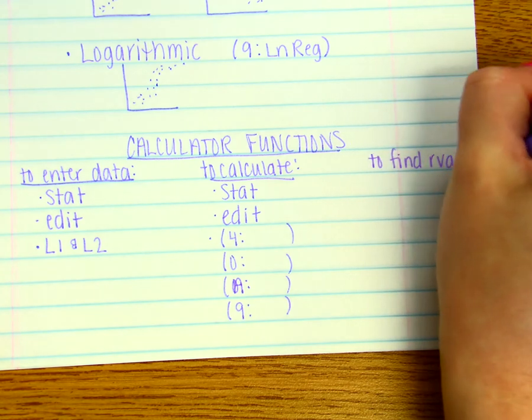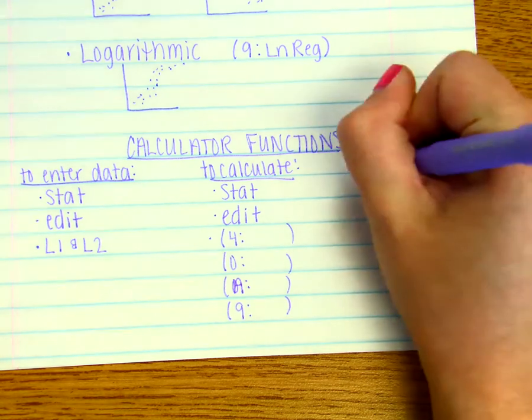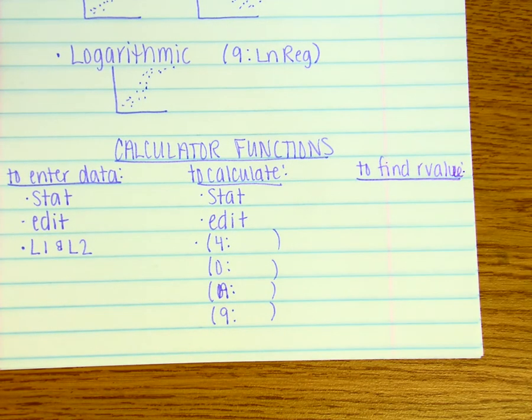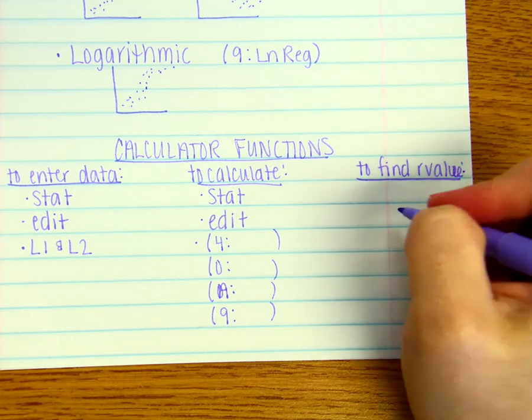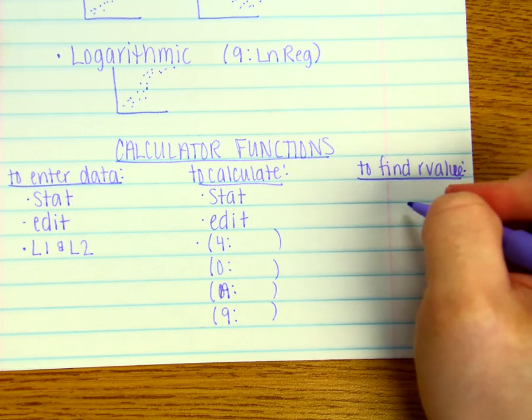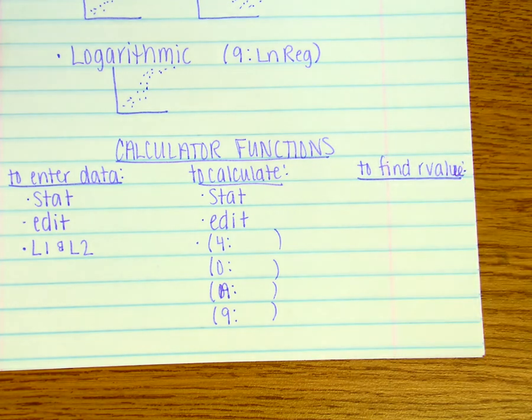And the last thing we just want to talk about with the calculator functions is to find the R value. Remember, our R value is our correlation coefficient. The calculator will give you the correlation coefficient. We just need to know how to plug that into the calculator so that it will give us the correlation coefficient.